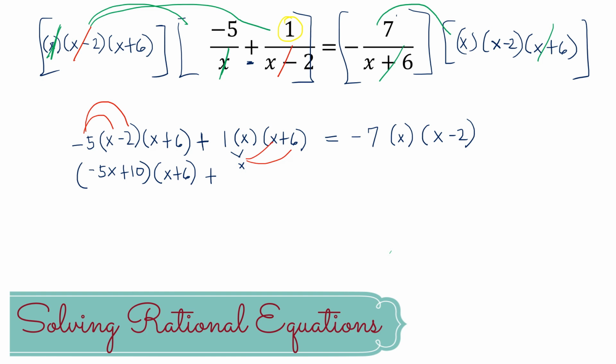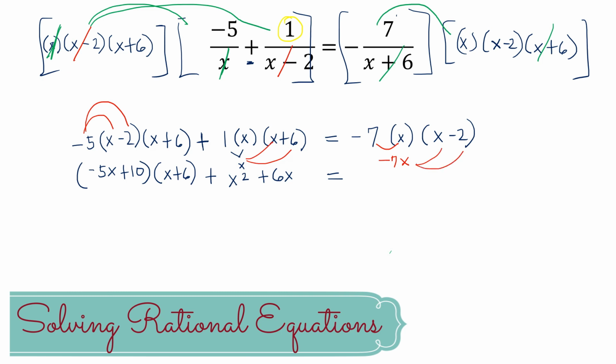So x times x is x squared, and then x times positive 6 is positive 6x, equals negative 7 times x is negative 7x. Then distribute negative 7x to x, and to negative 2.